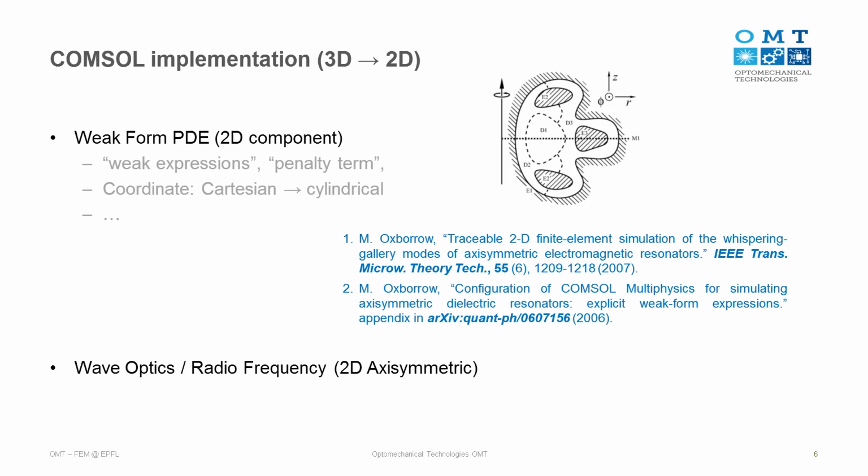And also, because you are using the very basic PDE module, which is a 2D component, not the axisymmetric one, eventually you also need to figure out how to convert the coordinates from Cartesian to cylindrical. So overall, it's very complicated. I mean, as I joined the group, I found this a really difficult way to go through.